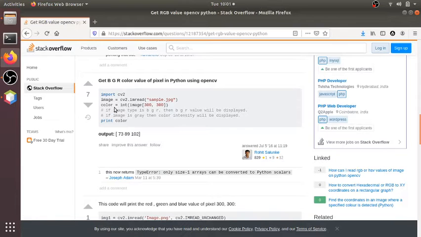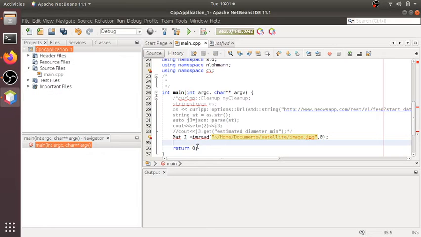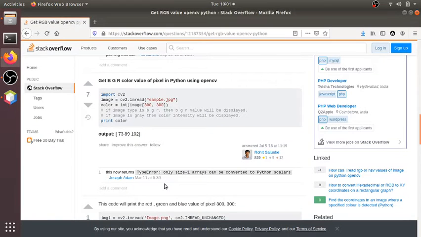Image, yeah. Oh, it converts this image to int. Okay. So how to get the size of the image? This is the image. imread image has been converted.